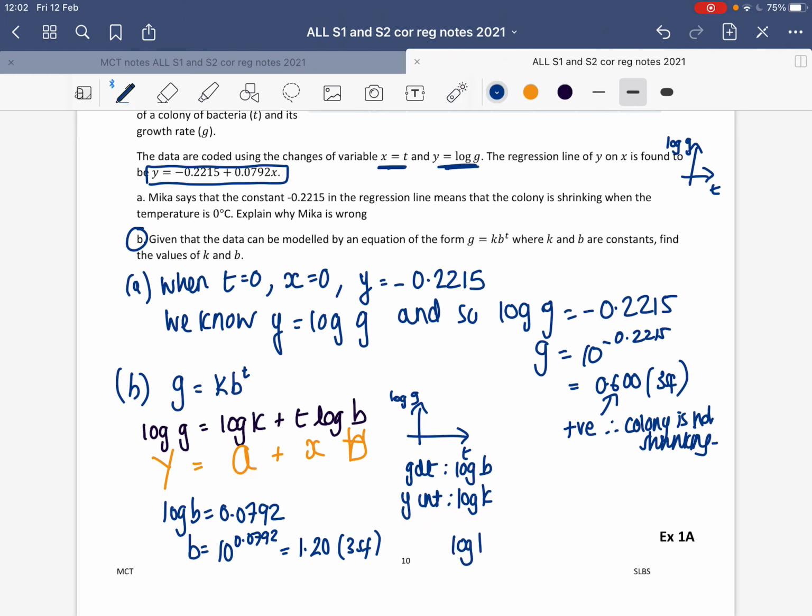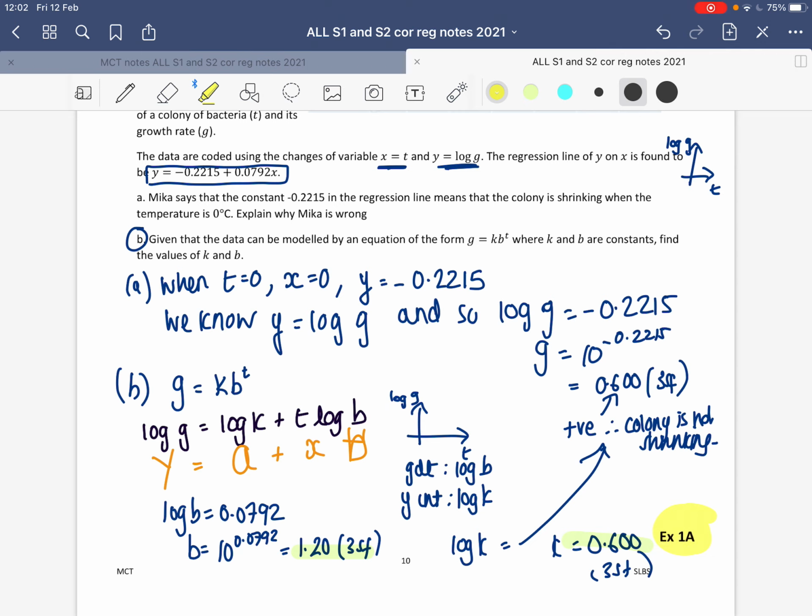And then we're going to do the y-intercept. So log K is equal to that. We did it in the first part, didn't we? Yeah, we already did it up here. K equals 0.600 to three significant figures.